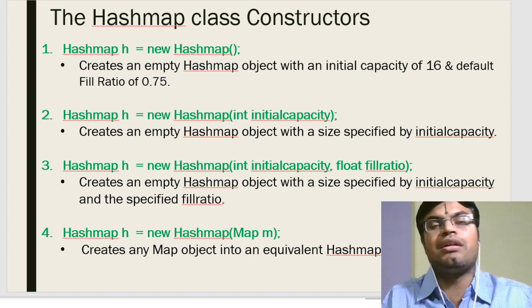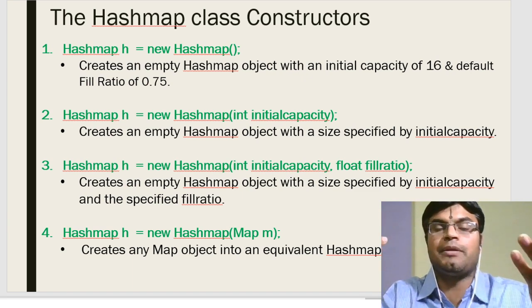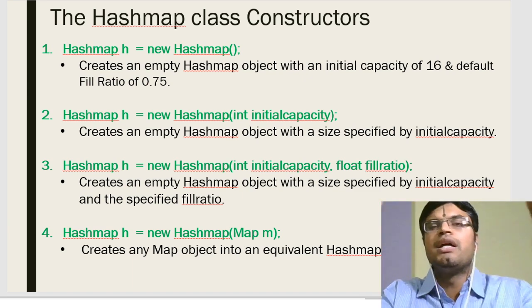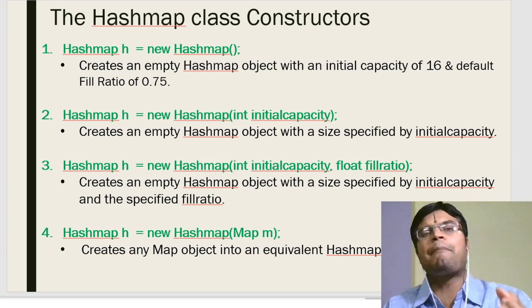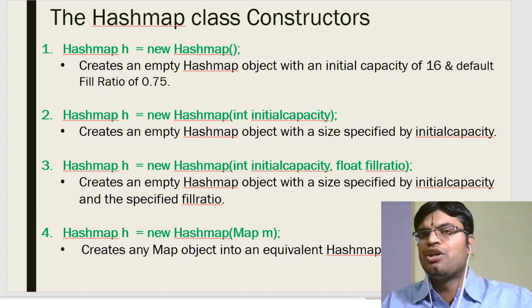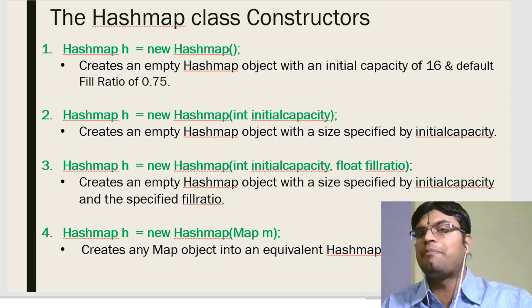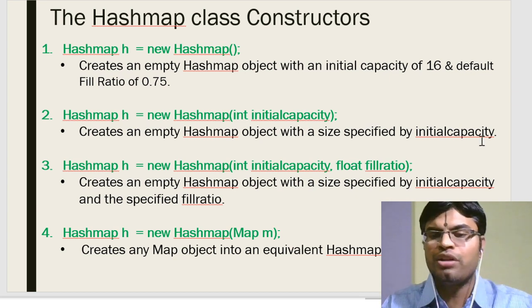Next, we have another constructor called HashMap with a parameter called map. Basically, every map object, for example hash tables and tree maps, can be automatically converted into a hash map by using the fourth constructor.